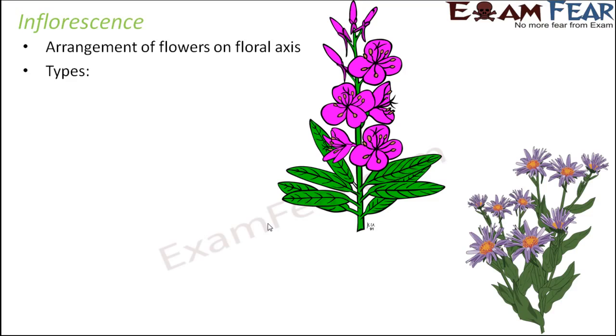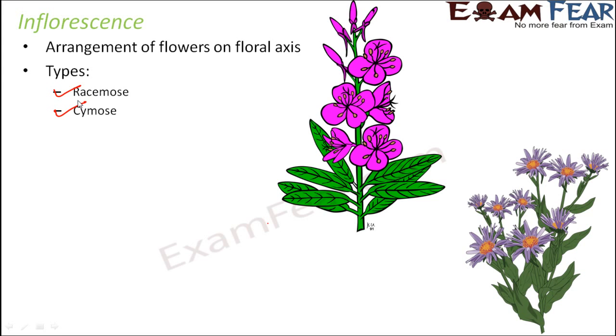It will not come into picture when one floral axis has only one flower. When there is one flower on a floral axis, that is known as a solitary flower. But when we have a bunch of flowers, then we talk about inflorescence. So what are the types of inflorescence? Racemose and Cymose are the two types of inflorescence.